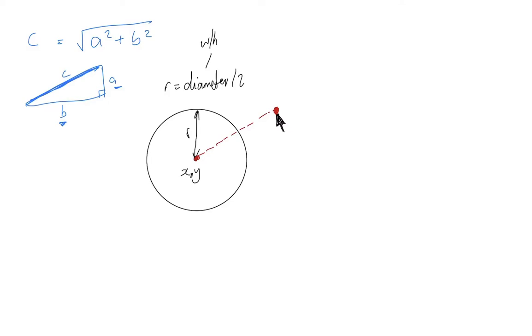Okay, so to do that I need to draw my right angle triangle, and I've got my formula. My formula is C, that's A, that's B. So my formula is that C is the square root of A squared plus B squared. So how do I figure out what A is?